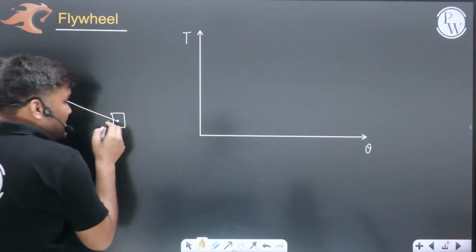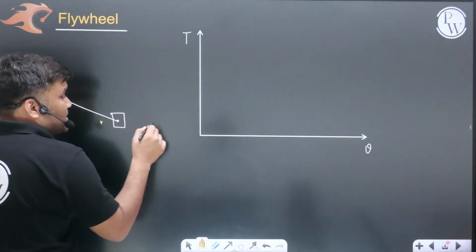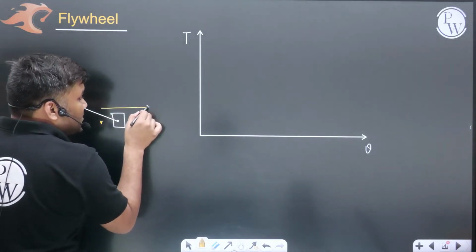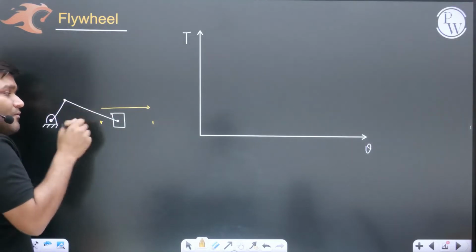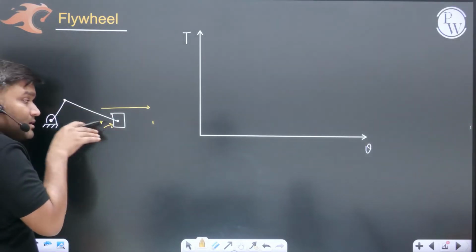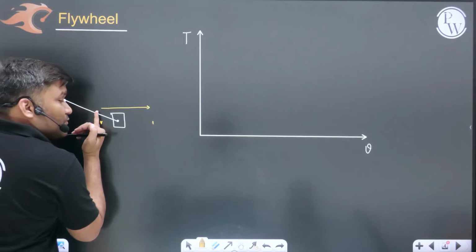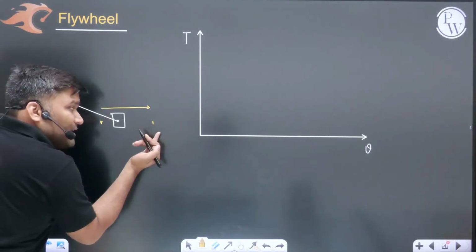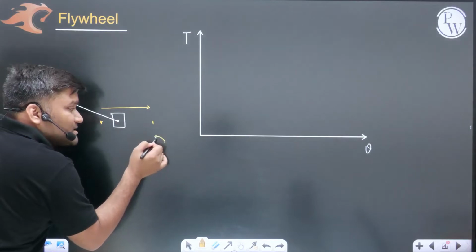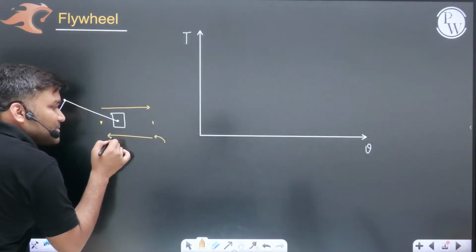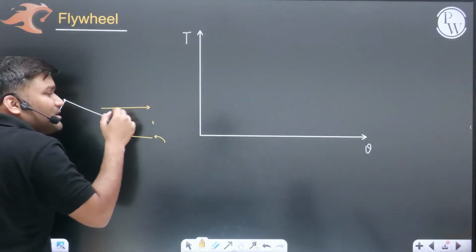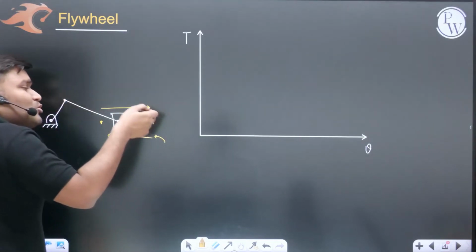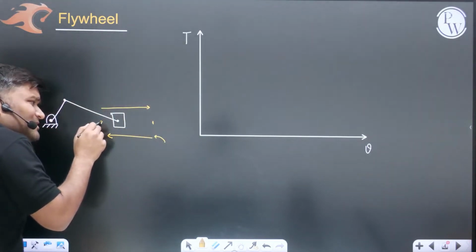When my piston is moving from inner dead center to outer dead center, moving this side, I have released steam from this side. It will give me some work. The piston has moved from this portion to this portion. And again, while returning, I have released steam from this side, and the piston has traveled this distance, to come back to the inner dead center position.